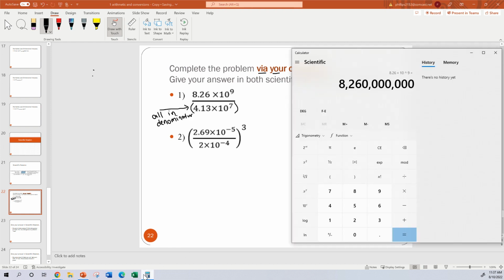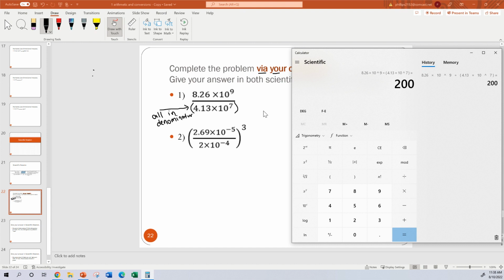I've already hit the division, so I'll start with a parenthesis, and then I'll type the number that I want in the denominator. So 4.13 times 10 to the 7th power. And then I'll end the parentheses because that's the end of what's in the denominator. This calculator shows me the value of just that denominator. In order to get my answer, I hit equals.